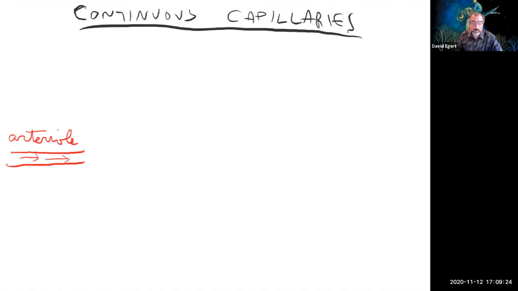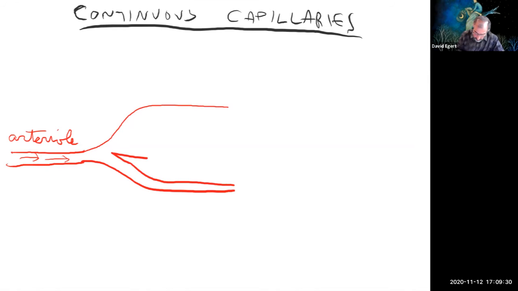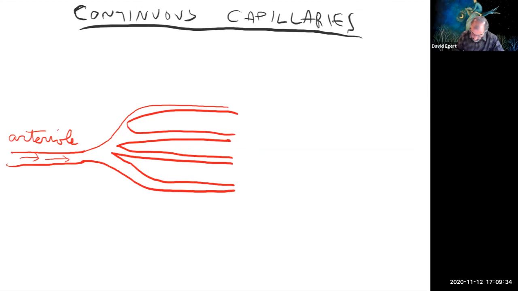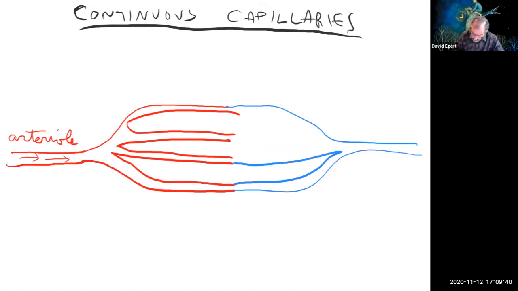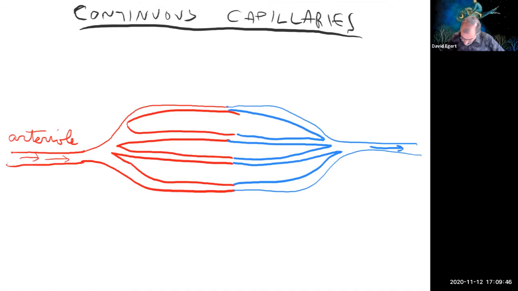The blood's coming in, feeds into some capillary bed. Some venule is draining it.